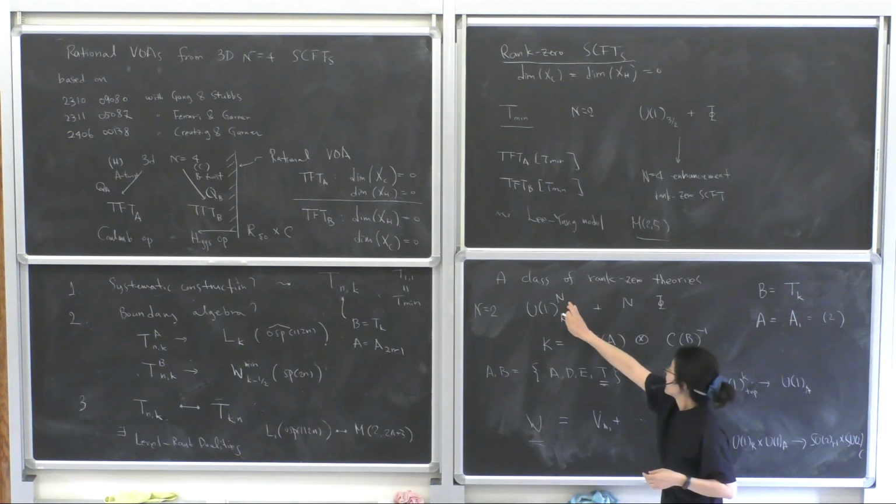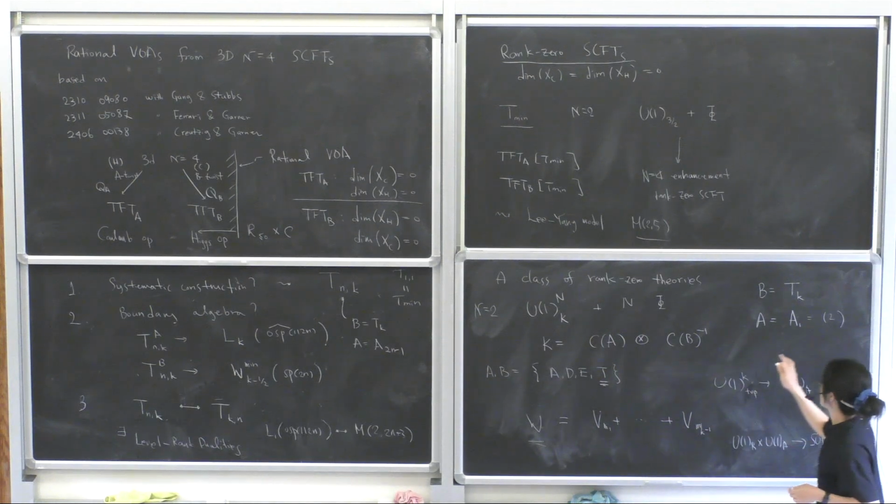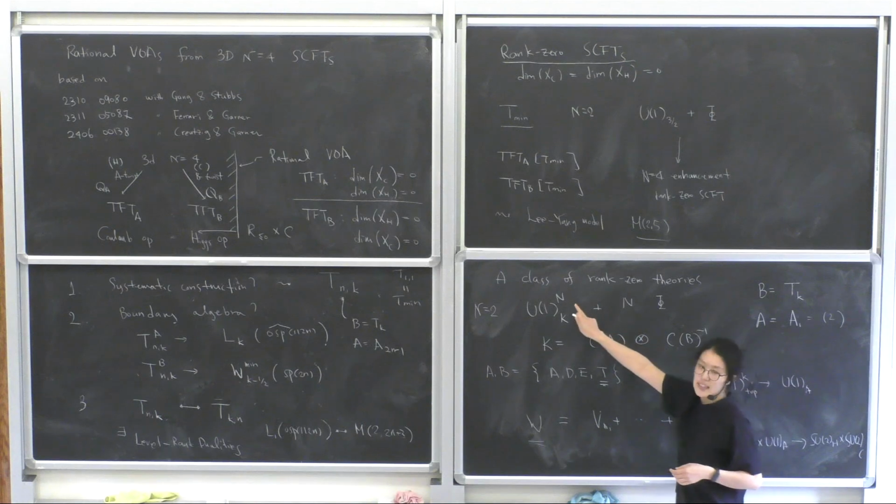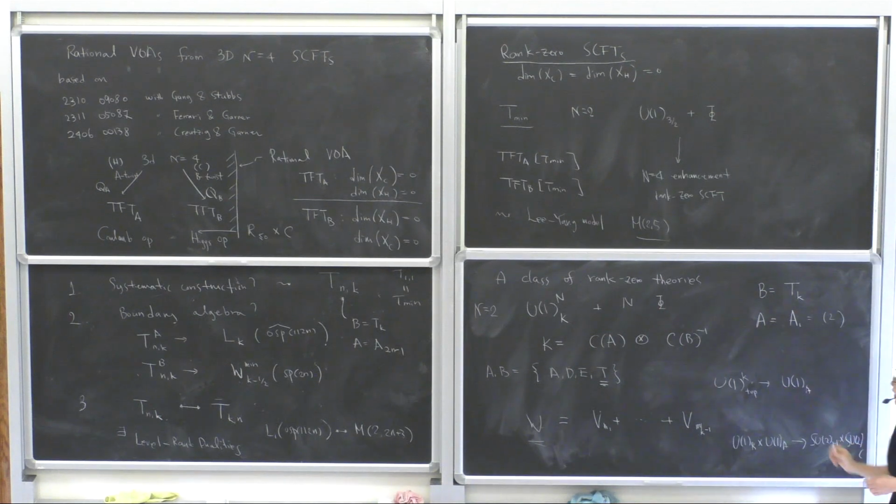N is the dimension of this matrix, and if I take T_K and A_1, then N is equal to the small k.